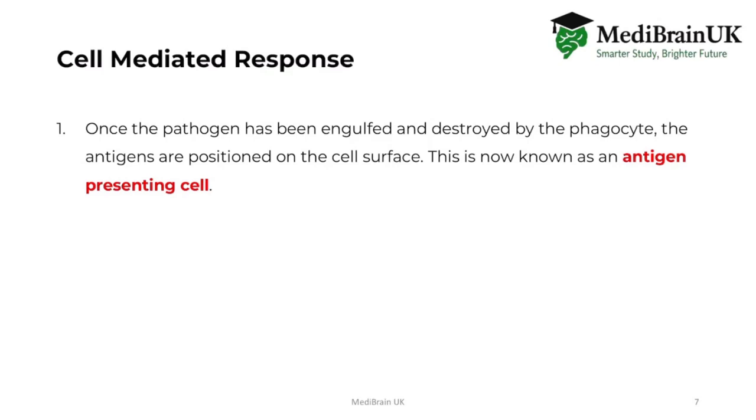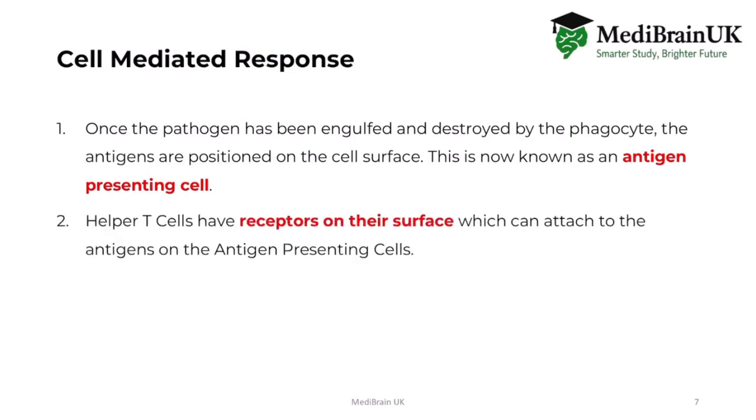Now there are many different types of T cells. The main one that is in the highest concentration within your body are helper T cells, and they're going to come and help this phagocyte that is presenting these antigens.